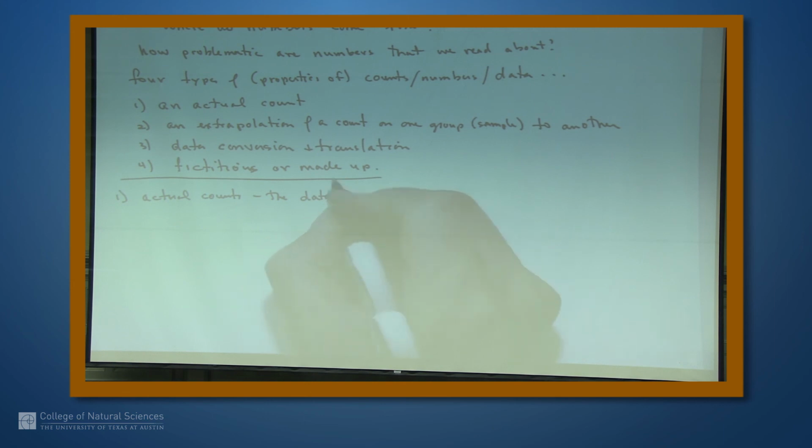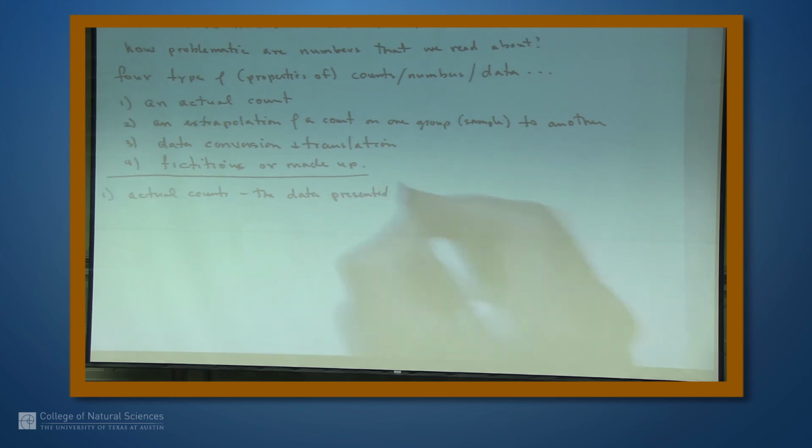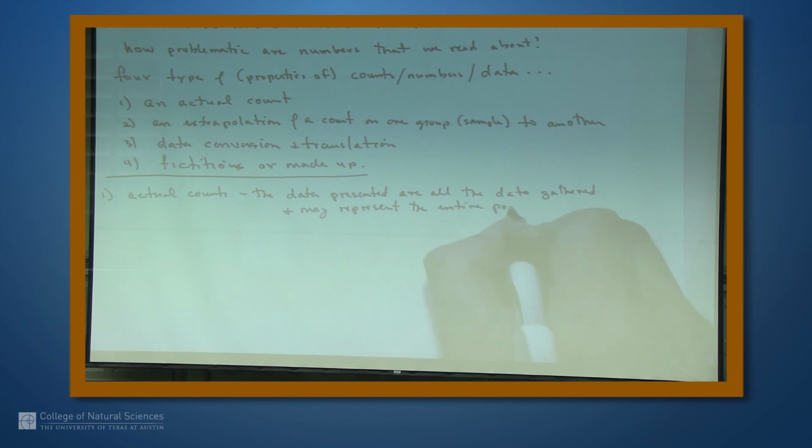The data presented are all the data gathered and may represent the entire population.